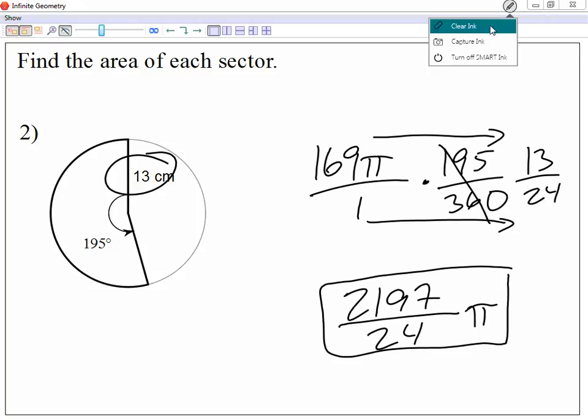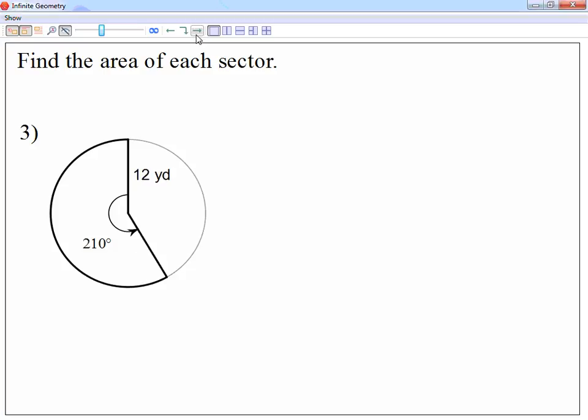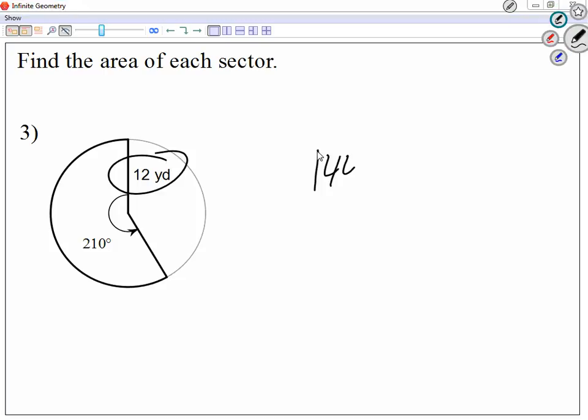Let's take a look at one more example. It's not that hard to work, but it's something really new to us, so we're going to work it out. The radius is 12, so the area is 144 pi over 1. Remember, 144 because I went 12 squared. 144 pi times 210 over 360.